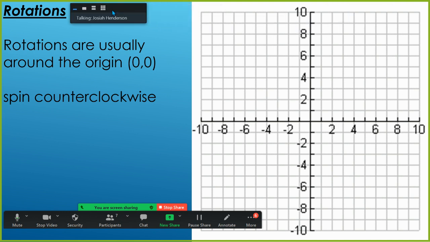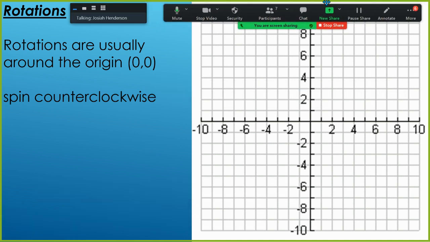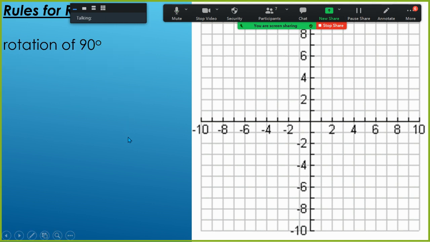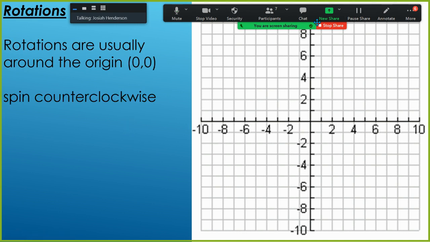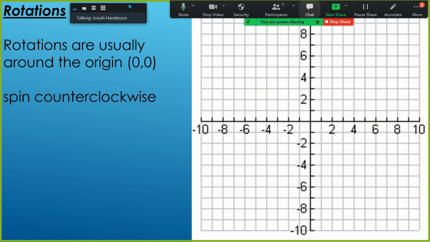Rotations. Now, I've given you kind of a huge hint. We're going to be seeing rules for our rotations, just like we did with our reflections. They're not the same rules, obviously, they're different. Before we do that, though, let's talk about what a rotation even is. So just so we're clear, when we did our reflections, it's like we're folding the whole graph in half, right?